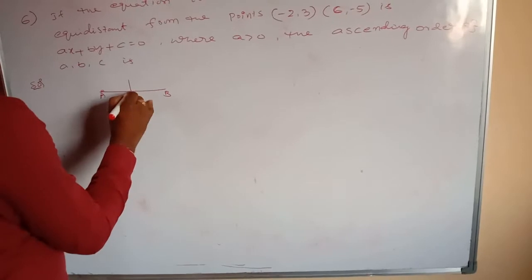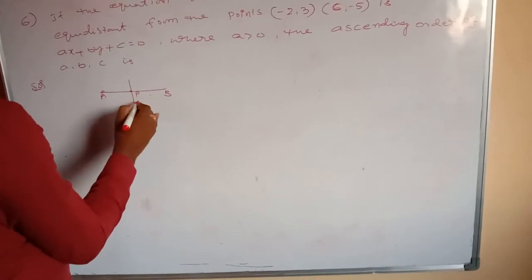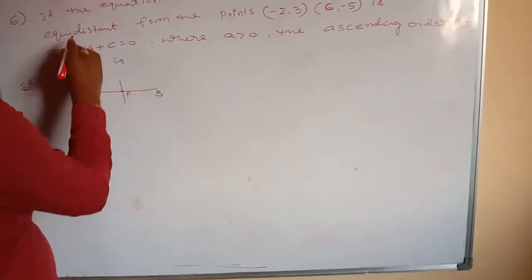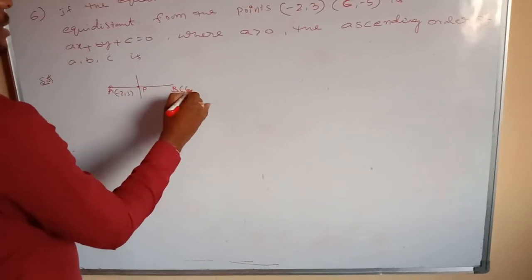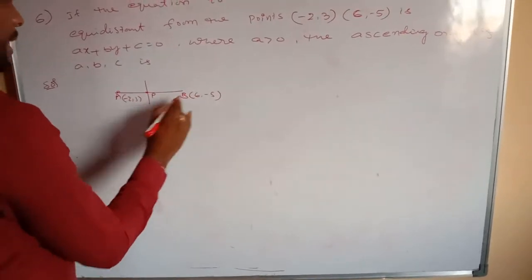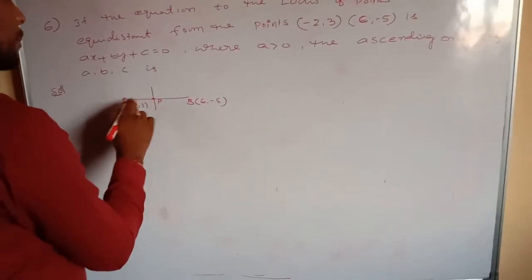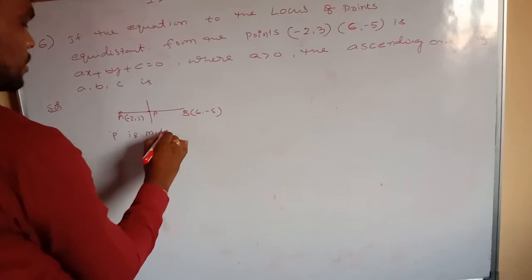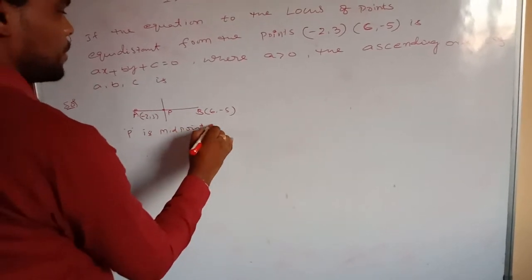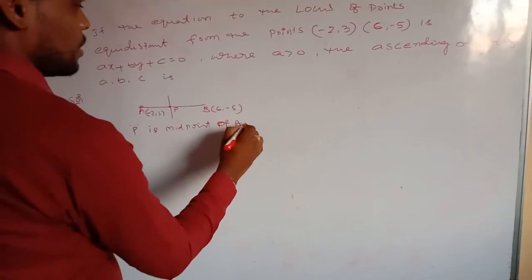The locus of a point which is equidistant from two fixed points A and B. Here A is (-2, 3) and B is (6, -5). Now we observe that P is the midpoint of AB.